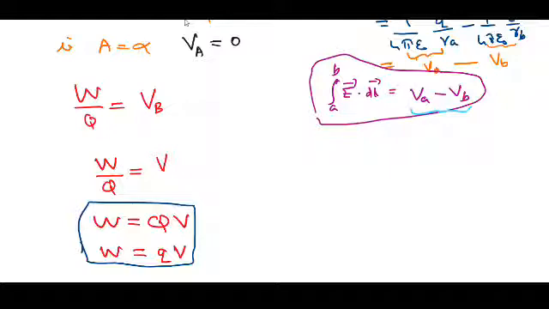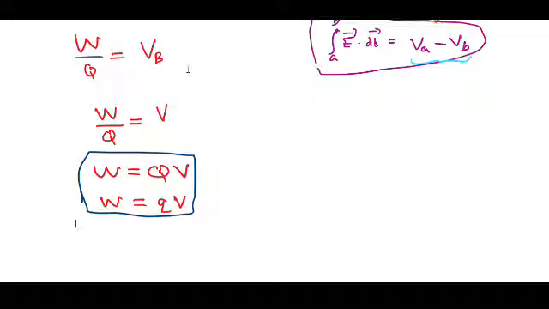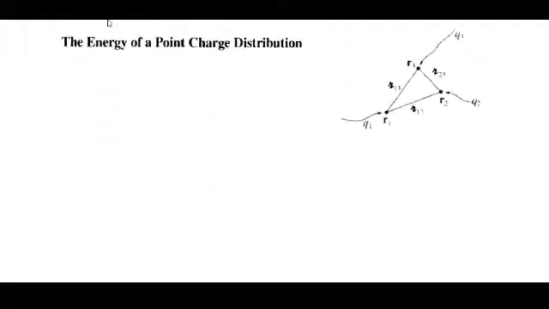Next we will discuss the energy of a point charge distribution. Actually, we have a system of charges Q1, Q2 and Q3. We will calculate how much work is required to assemble the entire collection of these point charges. Q1, Q2, Q3 are the point charges, and we are assembling them in this configuration.